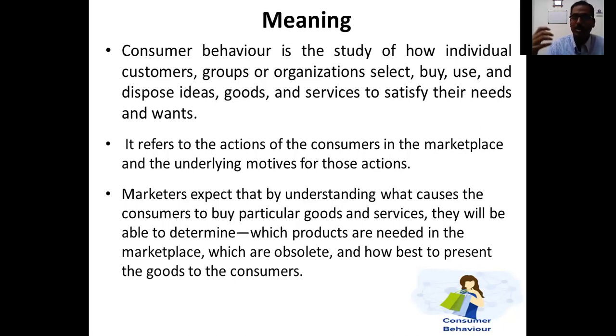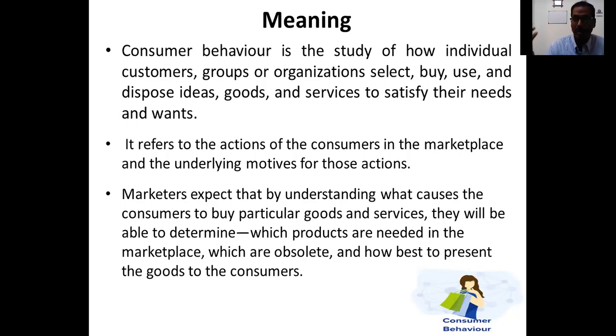So if you are able to understand which products are obsolete, we can be the first one to dispose of that product and stop producing it. So we don't incur loss, and we also understand the changing pattern of customer preferences. So consumer behavior will help businesses or marketers to understand which product is of high demand, why it is of high demand, and what kind of need it fulfills.